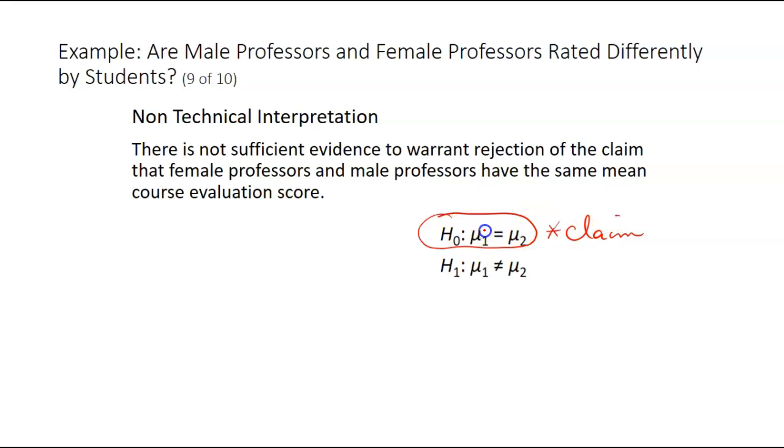Since our claim was the null hypothesis, there's not evidence to warrant rejection of the claim that female professors and male professors have the same mean course evaluation. Since we fail to reject, we are going to basically believe that they do have the same mean course evaluation.